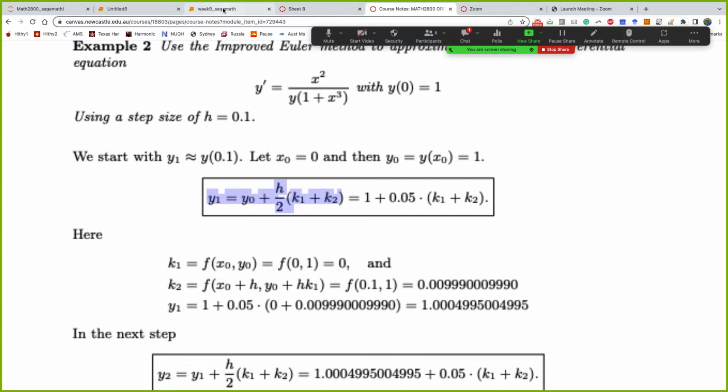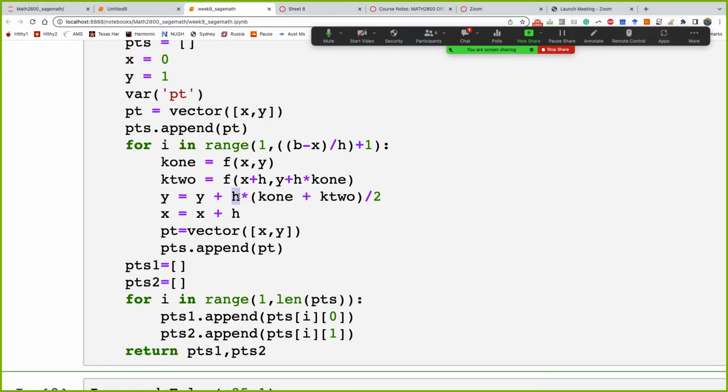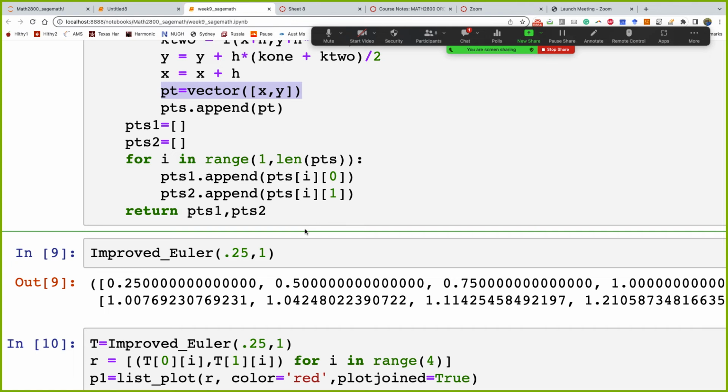Okay, here h divided by 2, k1 plus k2, and every time when I did my job about x equals x0, I will add x equals x plus h. Then after, pt is the vector of x and y, and pts. So then we will add this one to our list of the solutions.